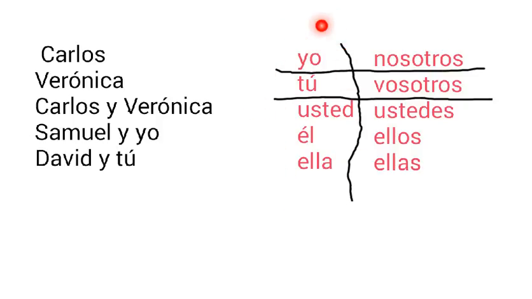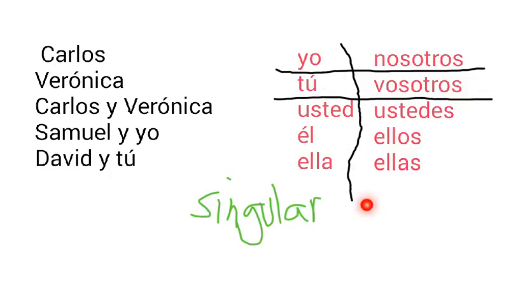And therefore, that would make this side singular. That means only one person is being talked about on this side. On the other side over here, we're talking about more than one person, and so this would be the plural side.